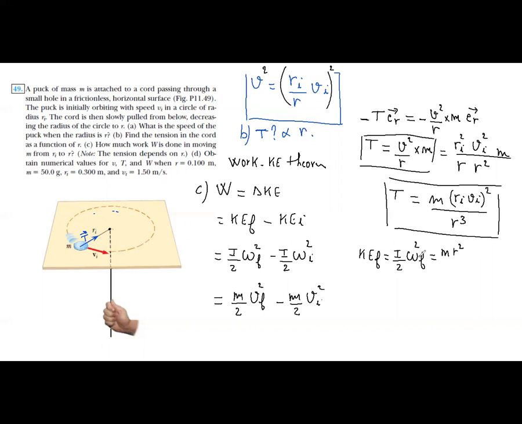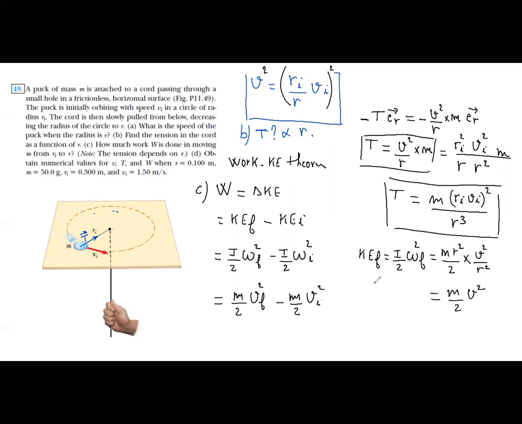This is I divided by 2 times omega square. We have a relation between omega and V, where omega equals V divided by R. Omega square equals V square divided by R square. So here we get M divided by 2 V square.